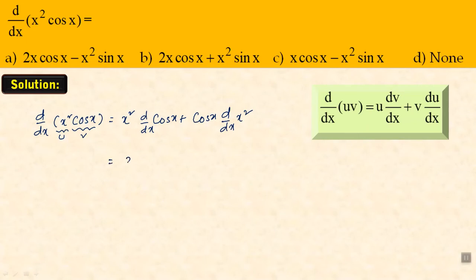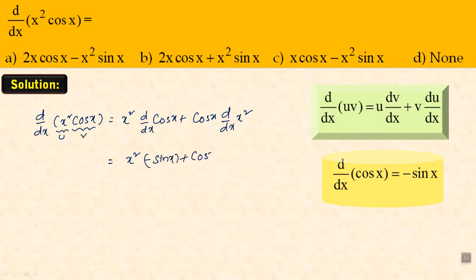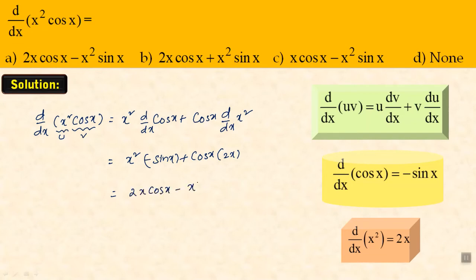This equals to x square into d by dx of cos x that is minus sin x plus cos x into d by dx of x square that is 2x. This equals to 2x into cos x minus x square into sin x. Therefore, the answer is option A.